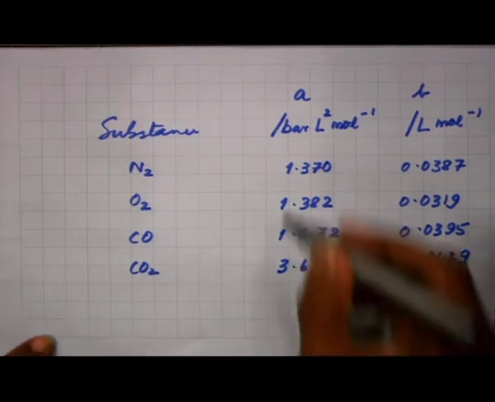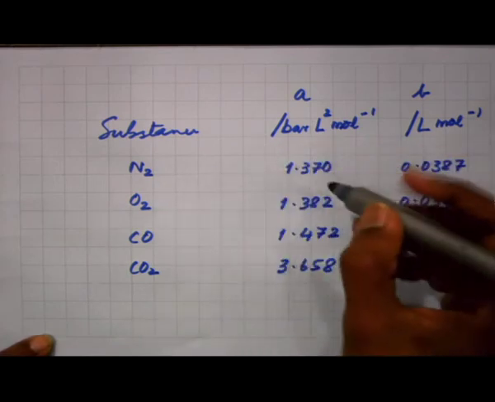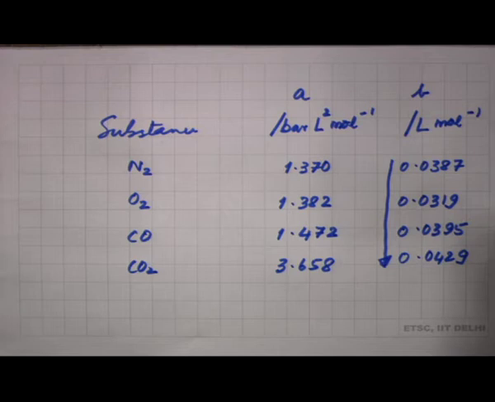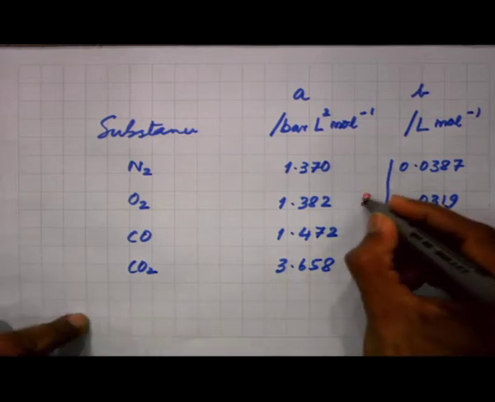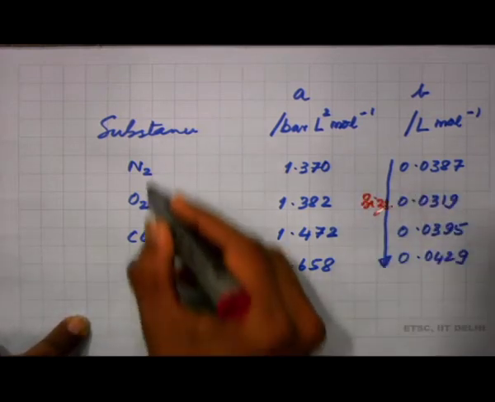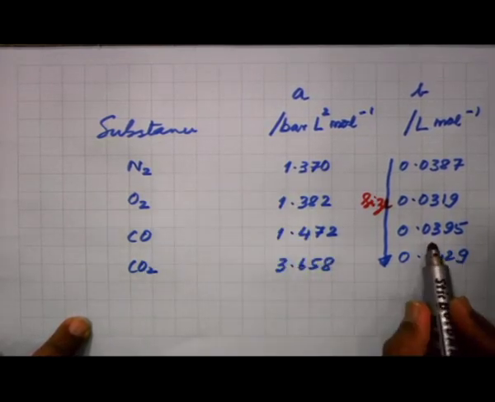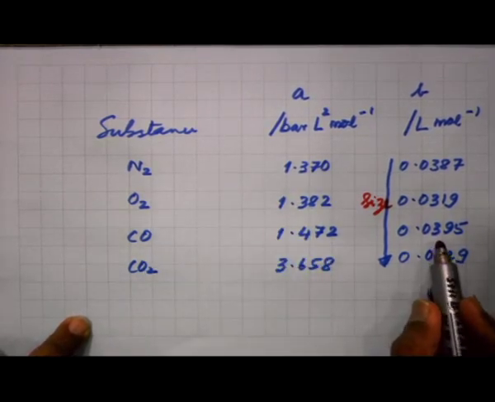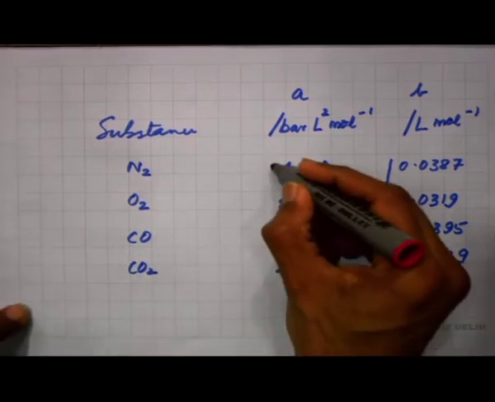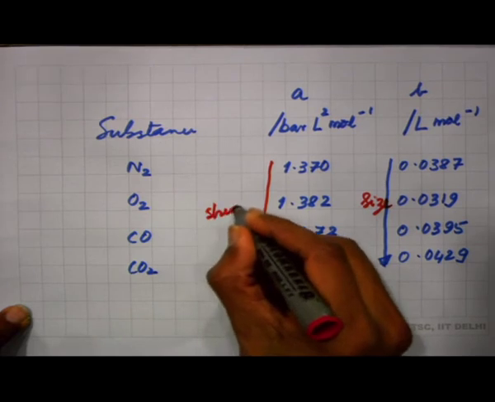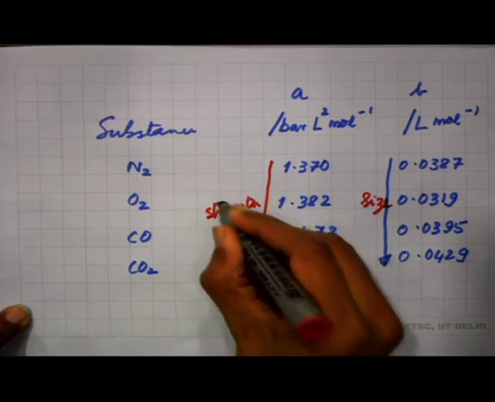You see the variation typically that we have observed. B characterizes the size. As you go down, the larger the molecule, the larger the value of B is, and A characterizes, in some sense vaguely, the strength of the intermolecular interaction.